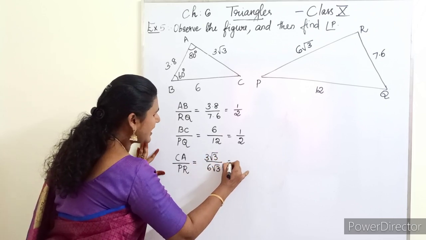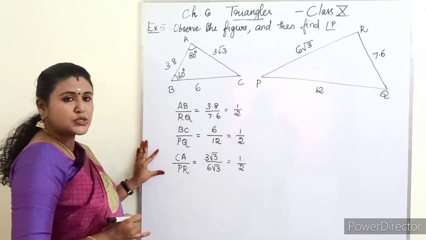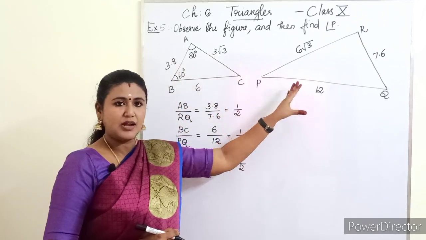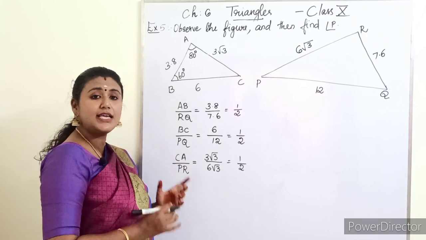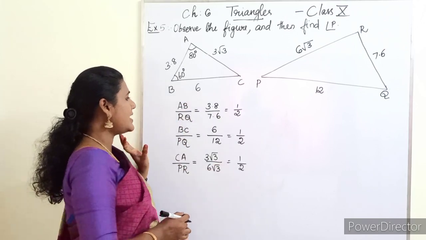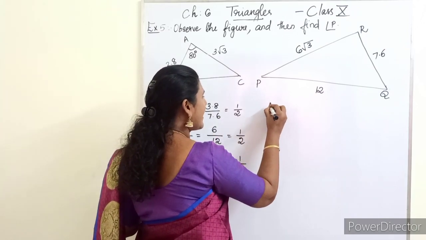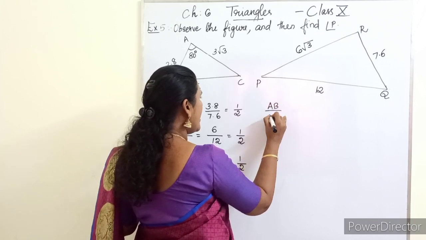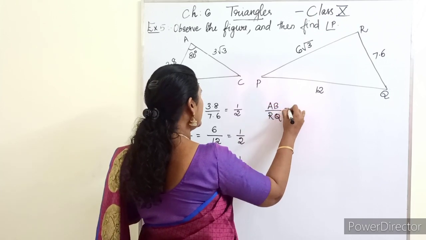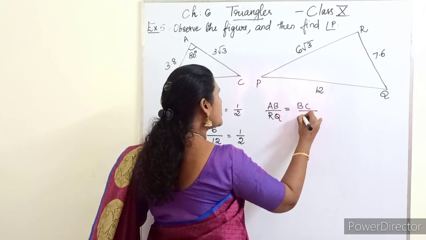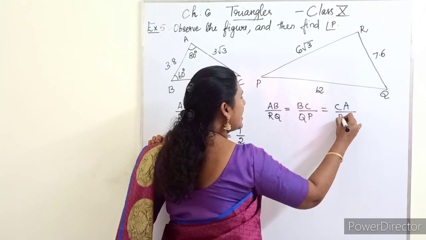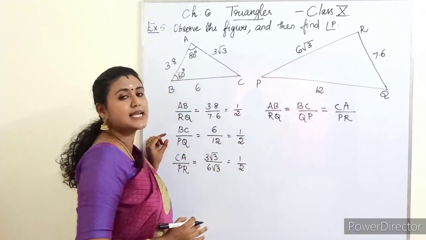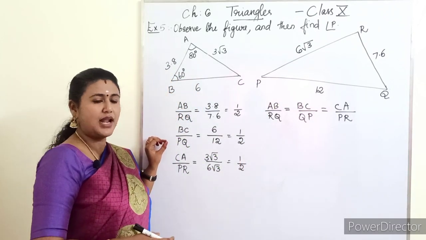When you simplify, you will get 1 by 2. So in these two triangles, all the three side ratios are equal. From these three equations, we can write AB by RQ is equal to BC by QP is equal to CA by PR.